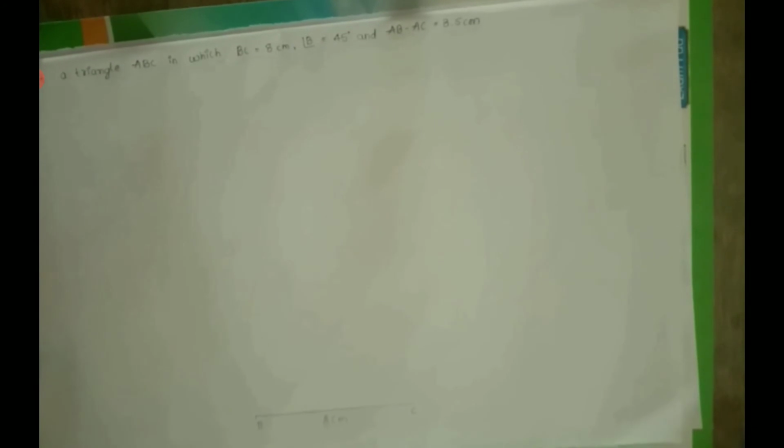Now at point B, we have to construct a 45-degree angle. Directly you can measure the angle, or by the method of construction of 90-degree angle, you construct a 90-degree angle and bisect it. By drawing the angular bisector of the 90-degree angle, you will get the 45-degree angle. Here angle B is 45 degree. Directly you can measure the 45 degree at point B.